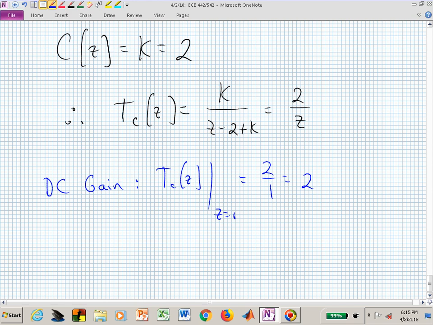A 2. Maybe that's better than what we had when we put in a 1 and got out a 3. We've cranked up the gain and maybe improved even the transient, the speed of our response, and the steady state accuracy, using exactly the same controller structure. We're still using a proportional controller, but we can achieve different behavior with that same controller structure.